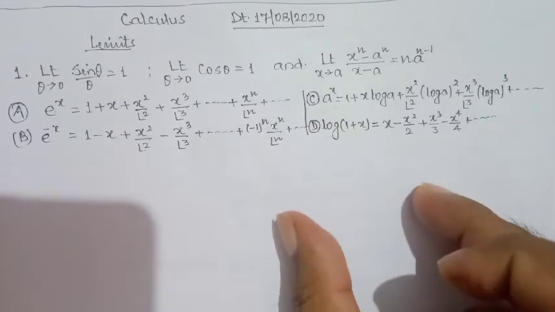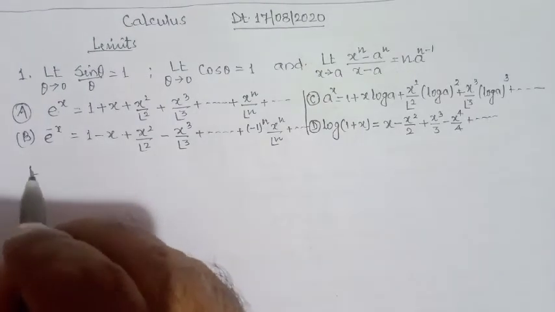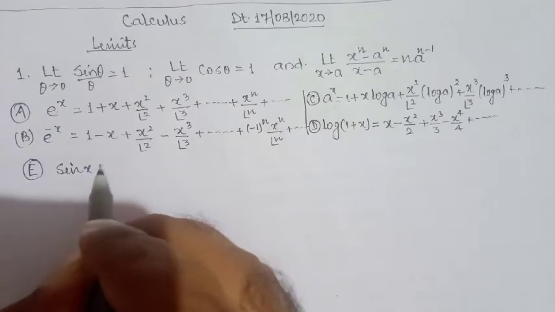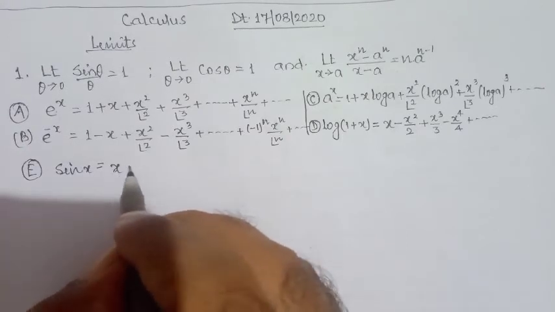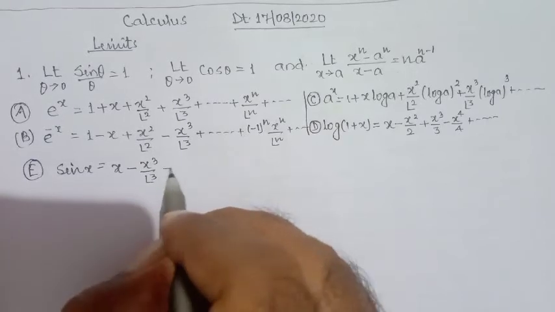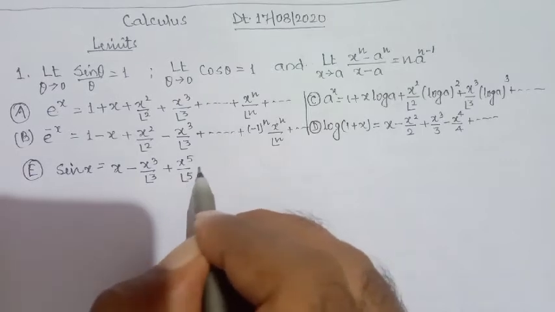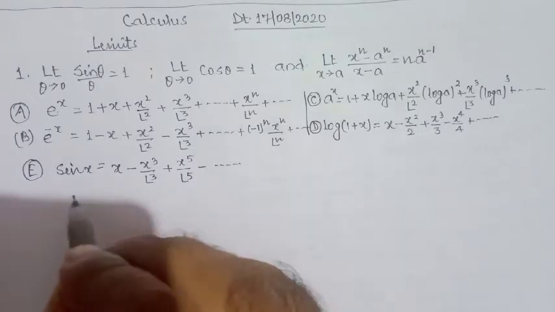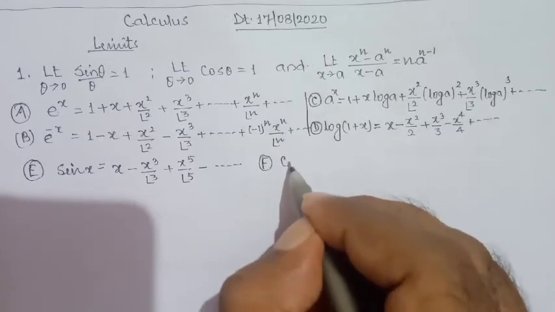So you must learn this, and we have also seen in the last class that sin x is equal to x minus x cube by factorial 3 plus x to the power 5 by factorial 5 minus x to the power 7 by factorial 7. This is the expansion of sin x, and the last one was cos x.